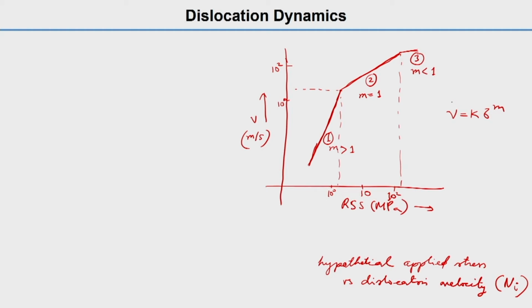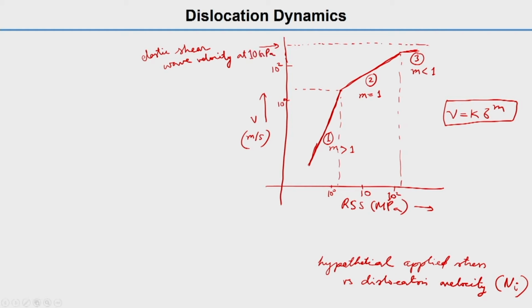So you can have the coefficients of m like this, and there will be a limiting velocity. That limiting velocity is your elastic shear wave velocity at 10 gigapascal.